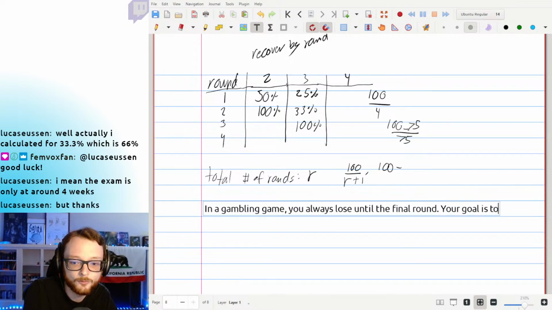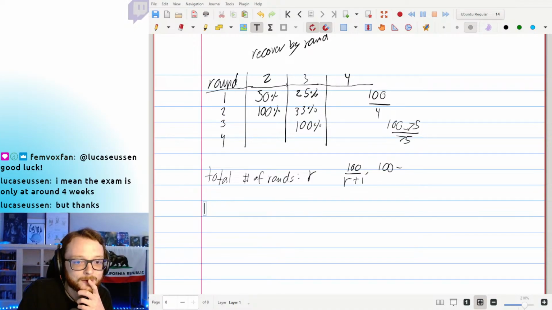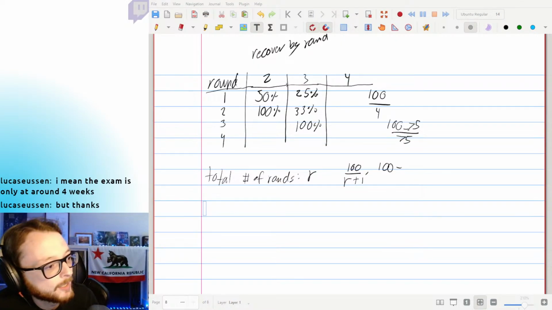Your goal is to, wait, this isn't the right way of phrasing it. He's asking about bets to recover your money in the sequence of percentages that you need to bet.